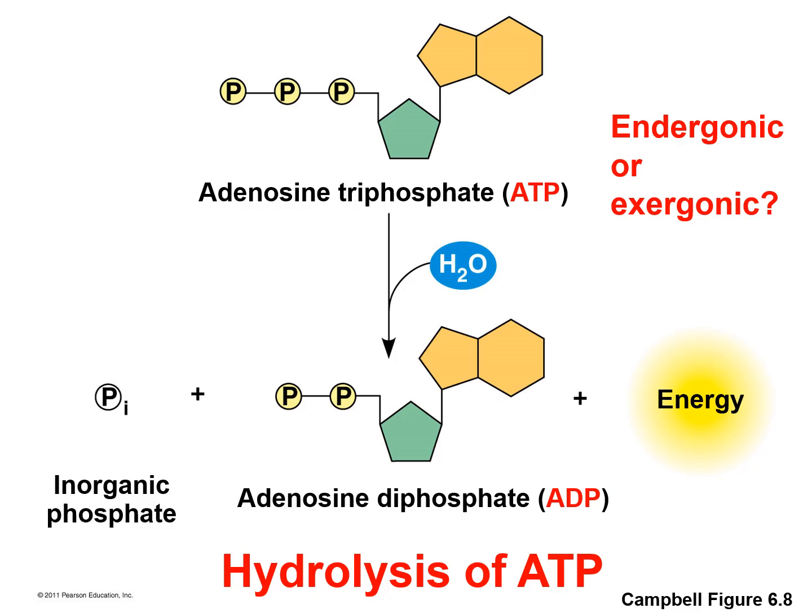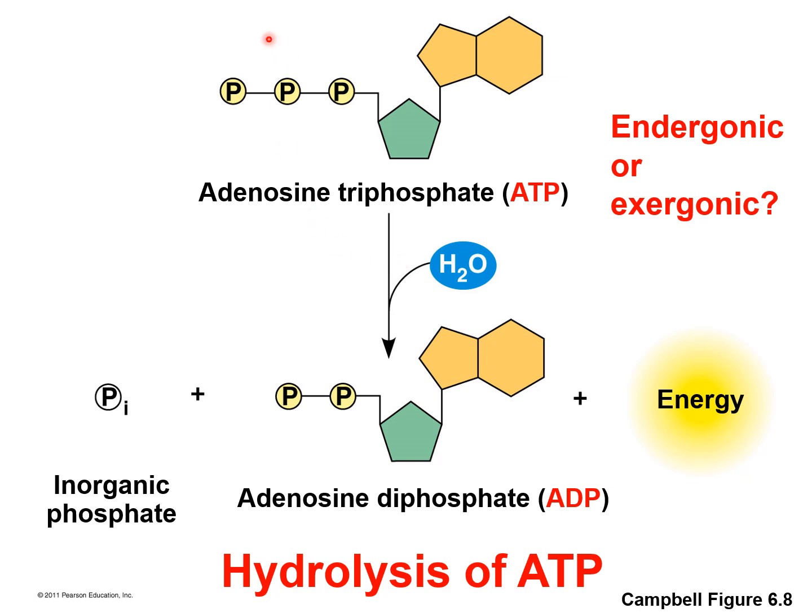So when the cell needs to use ATP for energy, it's going to hydrolyze it. So here's a picture of ATP up here at the top, and notice that we have 3 phosphate groups. So what we're going to do when we hydrolyze the ATP is we're just going to add some water. And remember, lysis means to break or split.